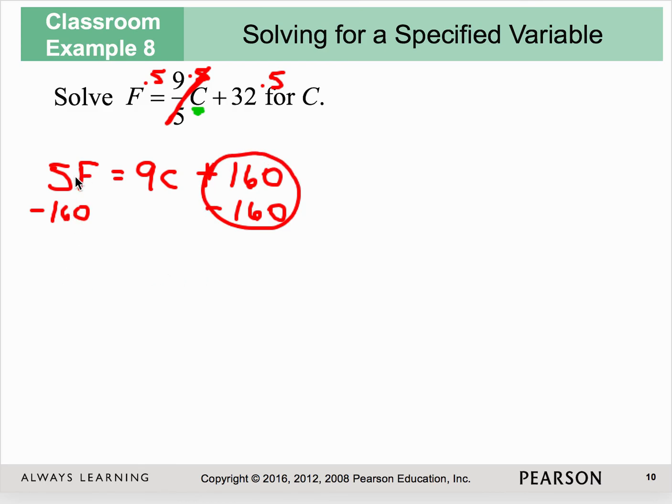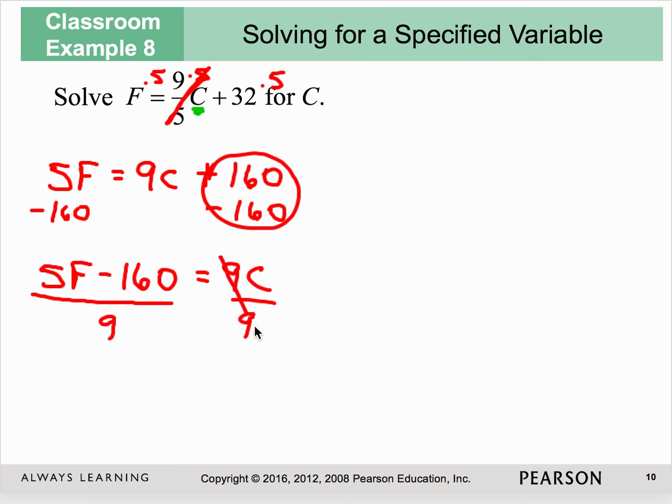Okay, this is two unlike terms. They're not alike, so I can't combine them. Okay, and then divide by 9. And again, I'm going to divide just that whole thing by 9. You could separate it, but this is fine.